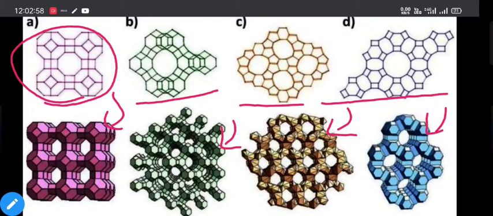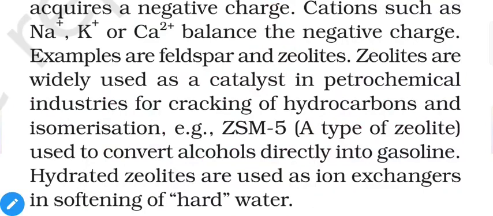Because of these shapes and sizes of pores, that means the empty space present inside the zeolites, we get a unique property from the zeolite. They act as shape selective catalysts. That means they give us catalytic reaction based on the shape, not by the nature or chemical reactivity. So because of this shape selective catalysis, they are used as catalysts in the petrochemical industry for cracking of hydrocarbons and isomerization, for example, ZSM5.